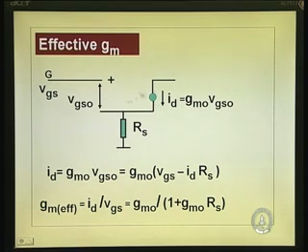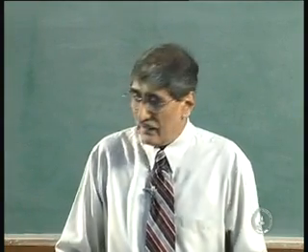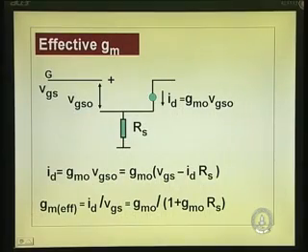This is the equivalent circuit: gate, nothing there at low frequency, it is a capacitance, it is open. When we apply voltage, that gives us a current ID equal to GM0 times the voltage. GM0 is the intrinsic transconductance, which is the transconductance that you get if RS is equal to 0. So, if RS is equal to 0, ID will be GM0 times the voltage between the gate and the source, that is VGS0.